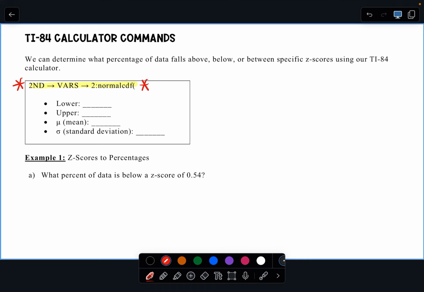This particular calculator function is used when we are given values or z-scores and we want to get an area or a percentage in return. So this is our given, and this is what we want.